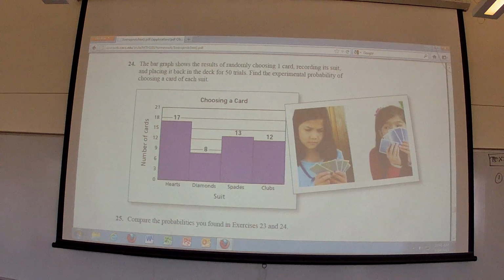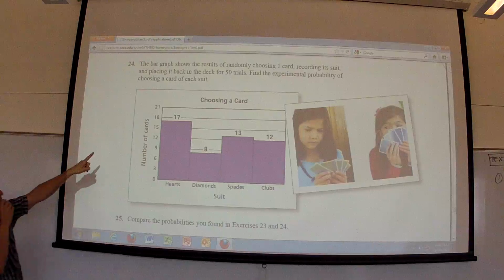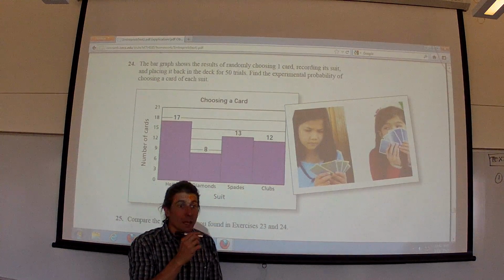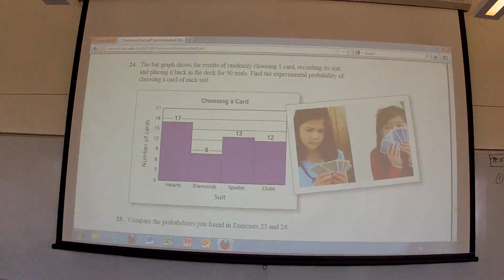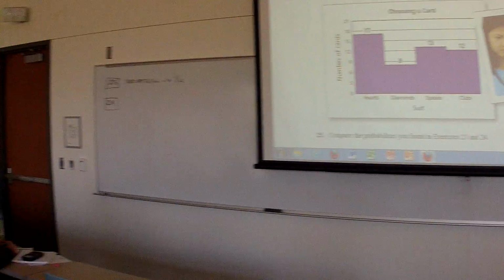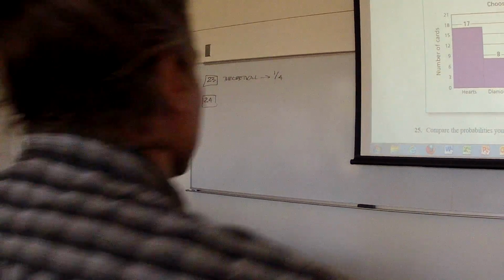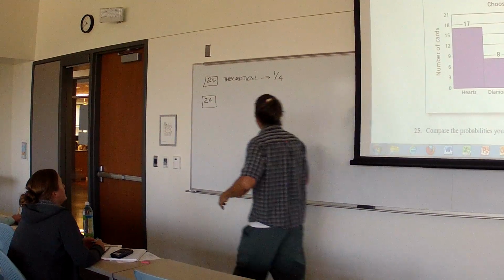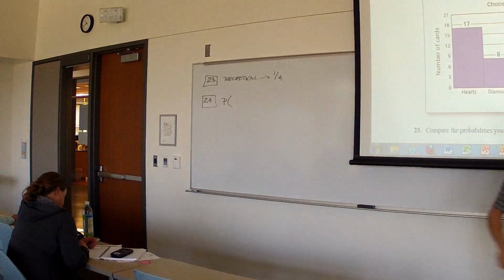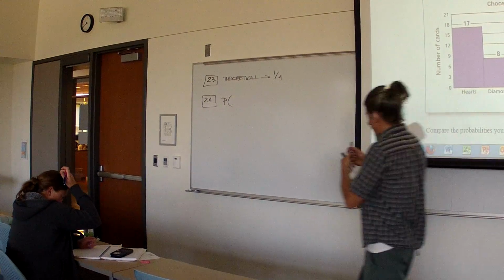So for 24, let's look at each of the outcomes. We've got 17 hearts, 8 diamonds, 13 spades, and 12 clubs. Let's do that as an outcome and see what the probabilities are. What is the probability? It's color coding too because we can. What's the chance of hearts?